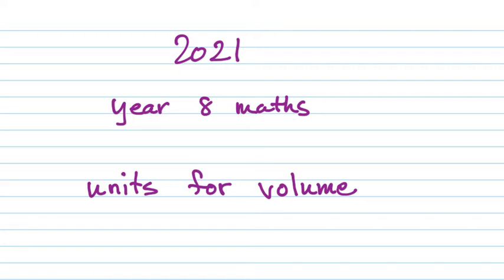Now, think about this object. It has height, it has width, and it also has depth. So this is what's called a three-dimensional object because it has three dimensions.